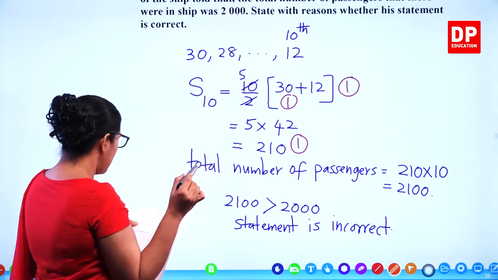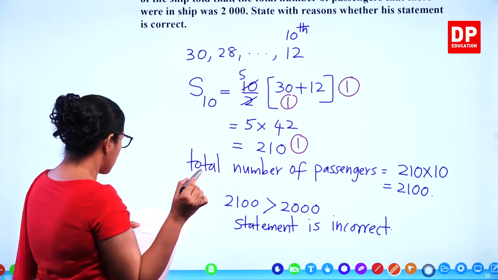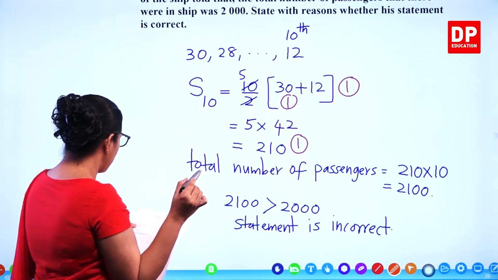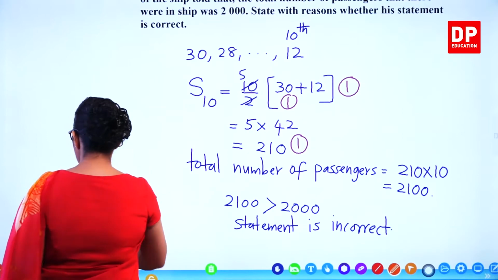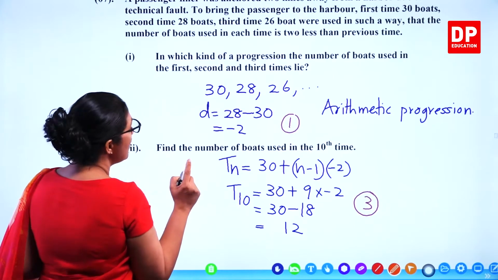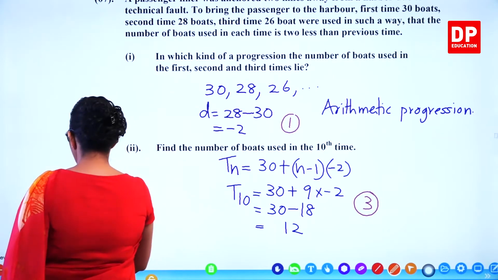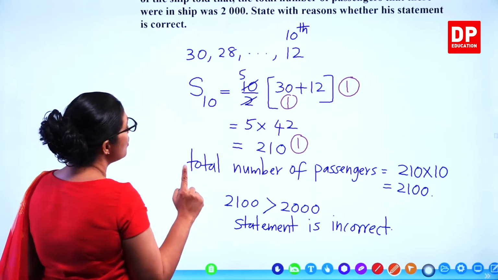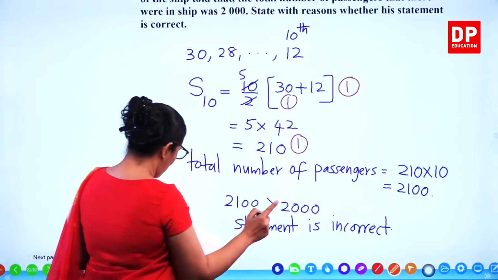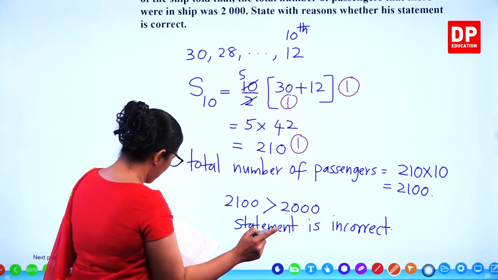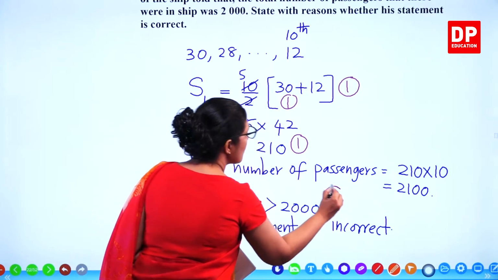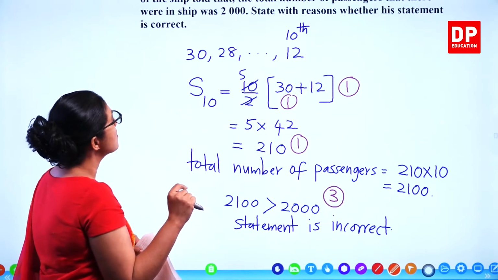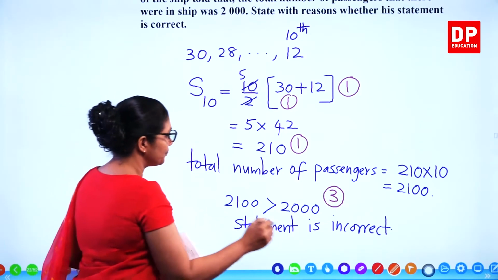And again 3 marks for the statement. So what's the mark we gave before? We gave 3, 4. So 6 marks altogether. 1, 2, 3 and 3 marks there. So 6 marks for that question.